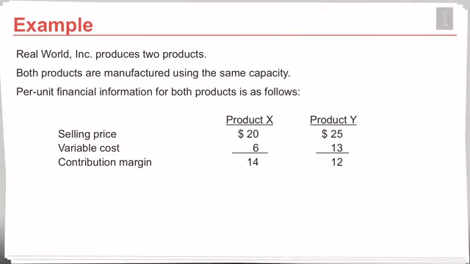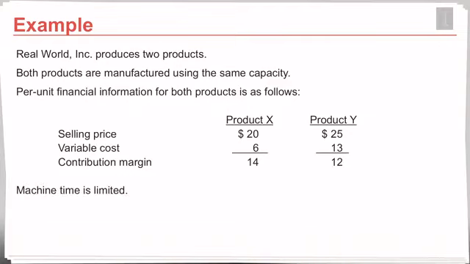Per unit financial information for both products is available to us. We have product X and product Y. The selling price for product X is 20, and the selling price for product Y is 25. The variable costs are 6 and 13 respectively, and so therefore the contribution margin for product X is 14, while it's 12 for product Y.